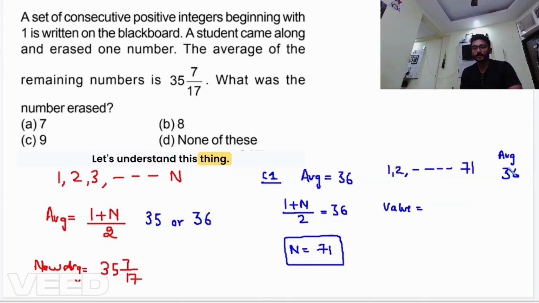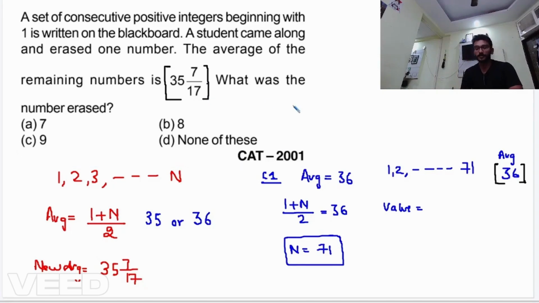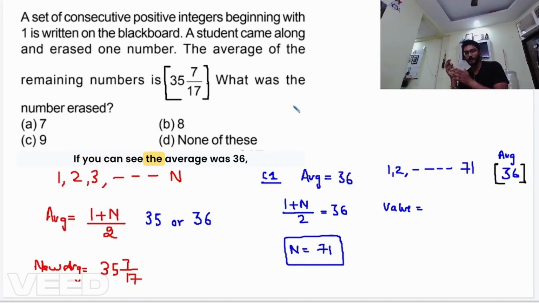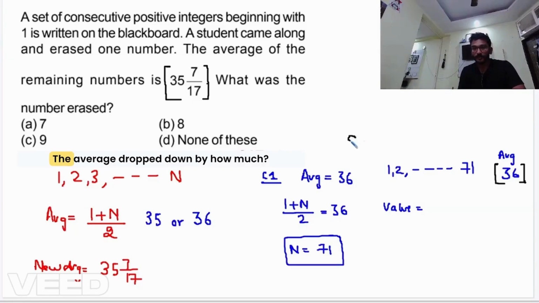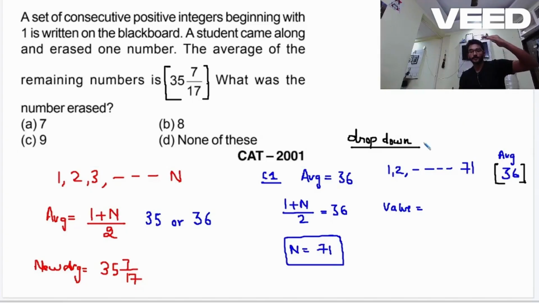Let's understand this thing. The average was 36 and it became 35 7 by 17 according to the question. If you can see, the average was 36, it becomes 35 point something. It means the average dropped down. It was 36, it becomes 35 7 by 17.